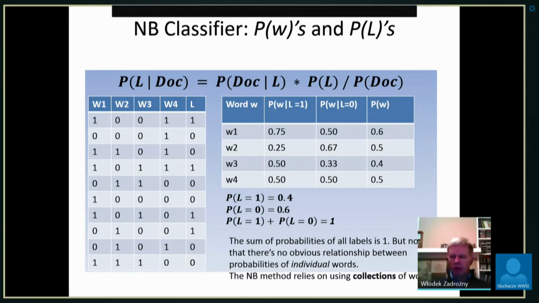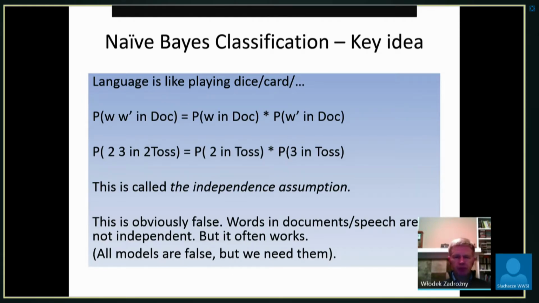So we're going to see how we pass from the collection of words to the document. That is done using a very simple idea. We assume that creating a document is like playing dice or cards.